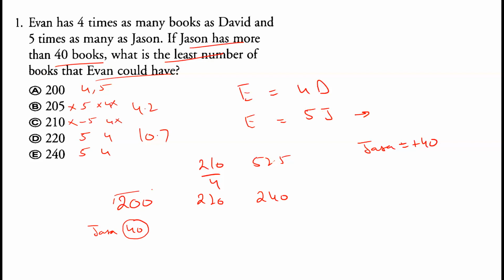So if 200 is the number of books Evan has, Jason has exactly 40 books, so this cannot be an option either.